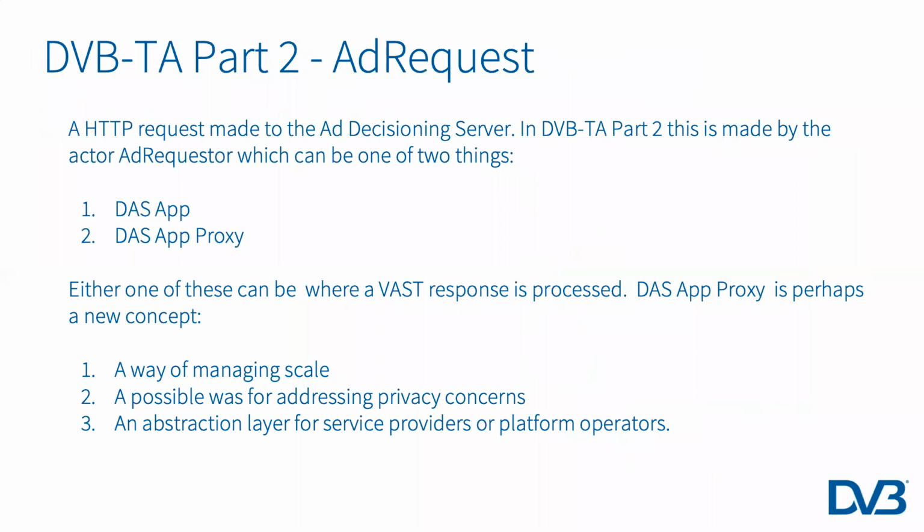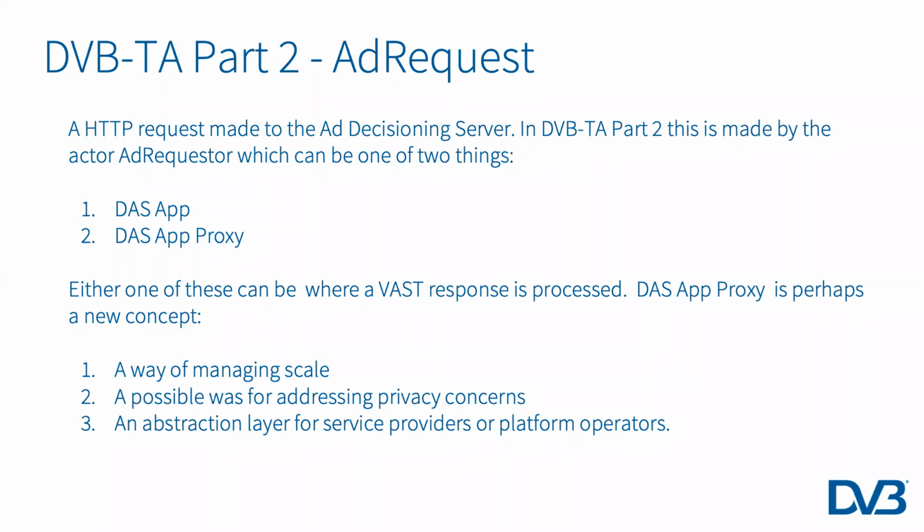So essentially an ad request is just an HTTP request made to the ad decisioning server. And in part 2 of the specification, it's made by an actor named the ad requester. Now, we abstracted it out to an ad requester because we wanted to draw attention to the point that it could be either the DAS app itself or a server-side proxy for the DAS app.